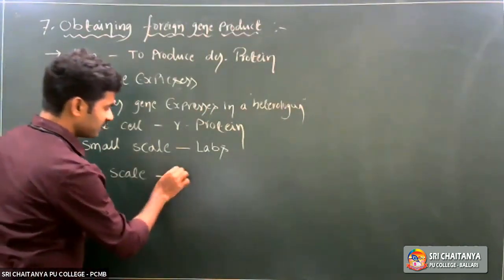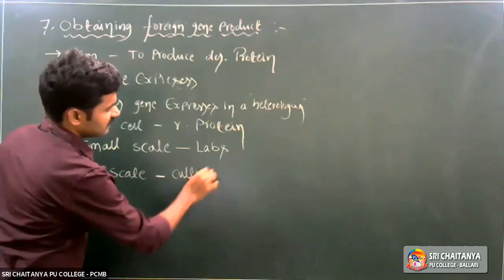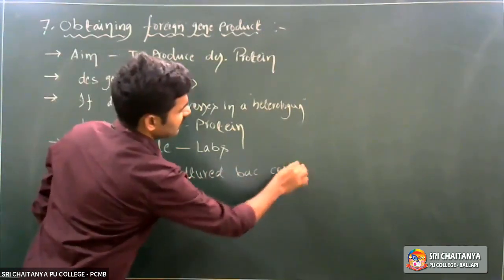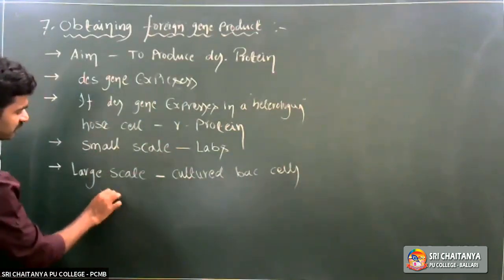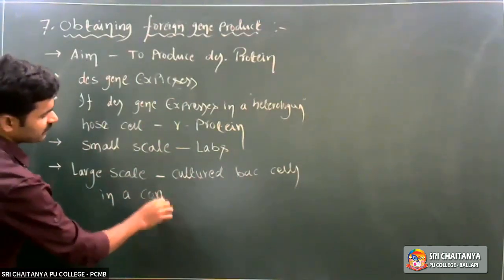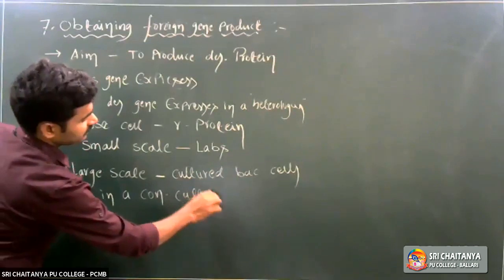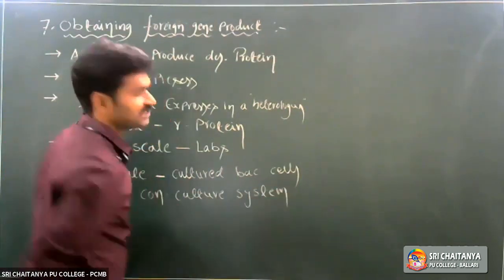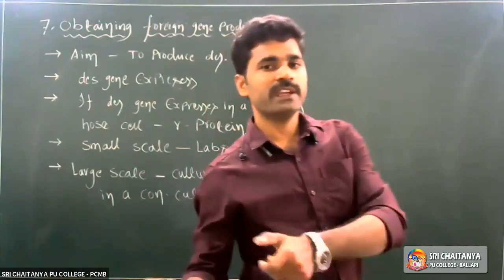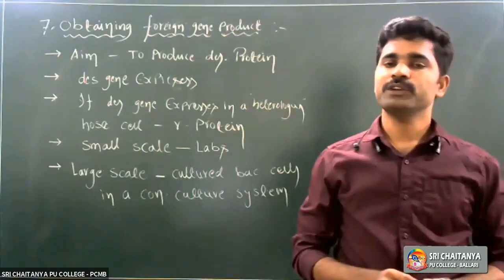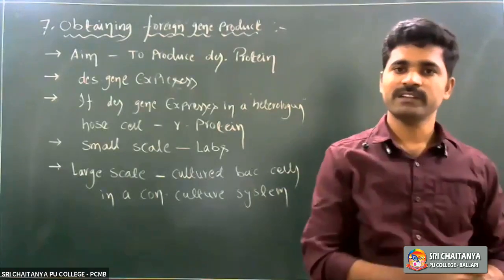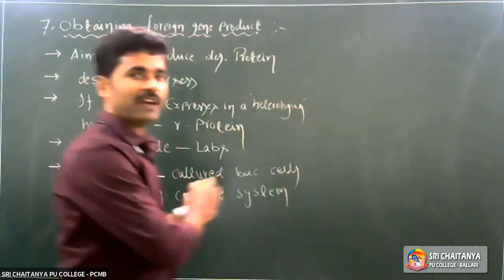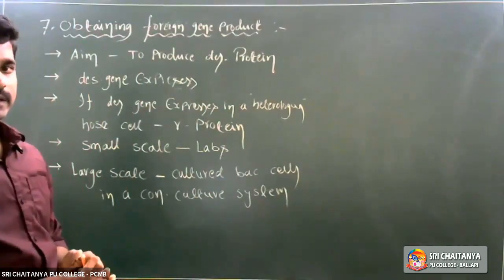So the desirable product is required in large scale, so we culture those bacterial cells in a continuous culture system, where we drain or separate the utilized medium from one side, and add fresh medium from the other side.